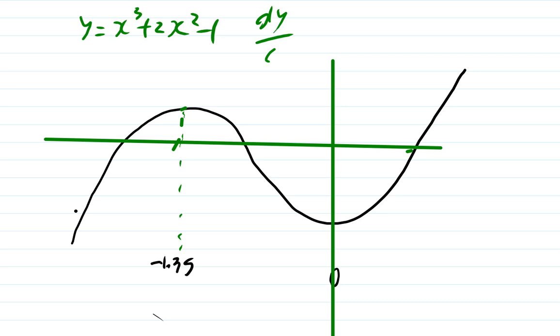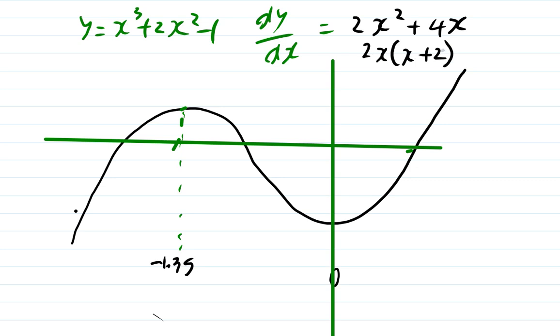What is dy by dx? dy by dx in this case would be 2x squared plus 4x. Now if you should try and solve this, let's factorize this now. 2x outside the bracket. What you'd have inside the bracket is x plus 2. Alright? x plus 2.